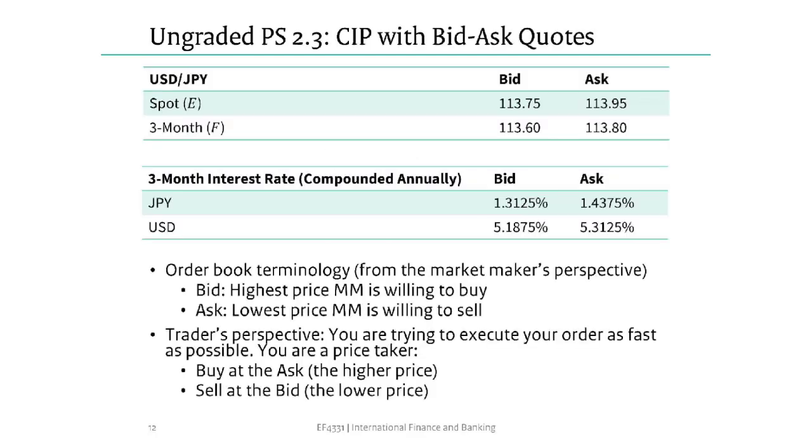So the third question of the problem set is CIP with bid-ask quotes. So commodities are not the only assets that have both bid and ask quotes. Bond prices also have bid and ask quotes, and you can convert those prices to bond yields in the same way you can think about bank deposits.